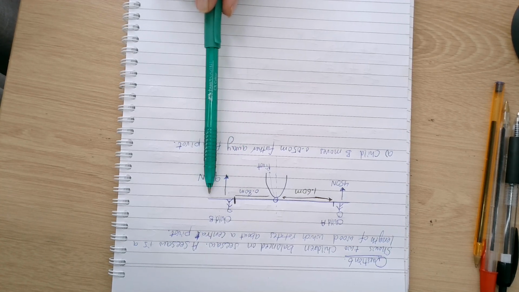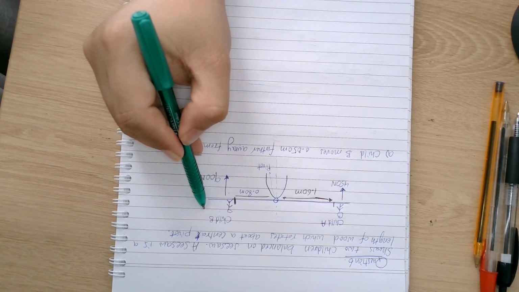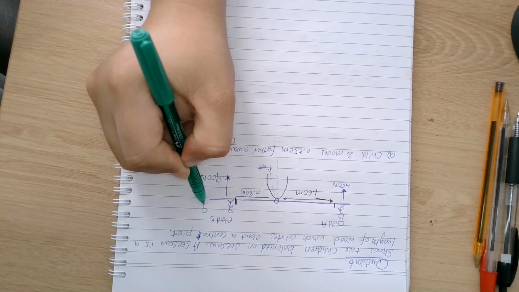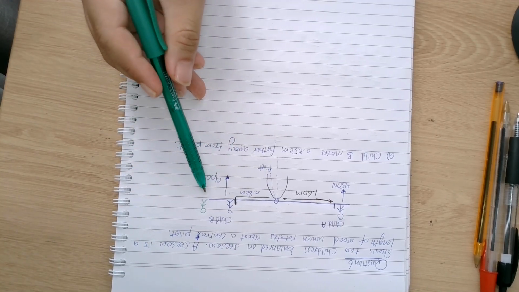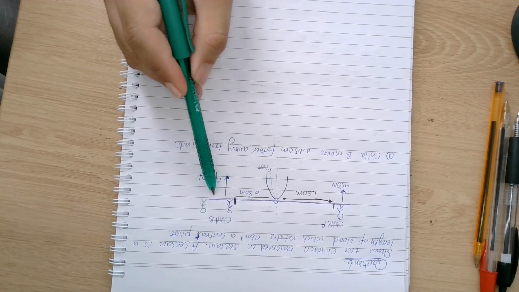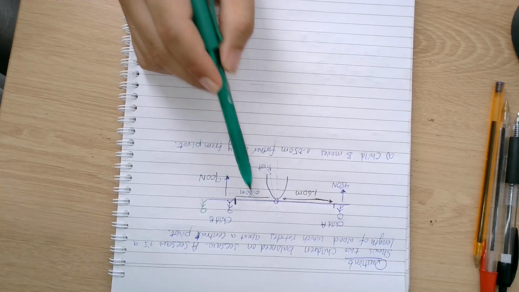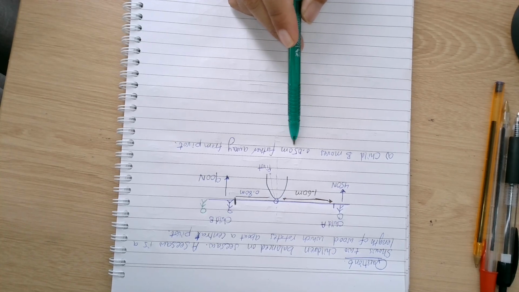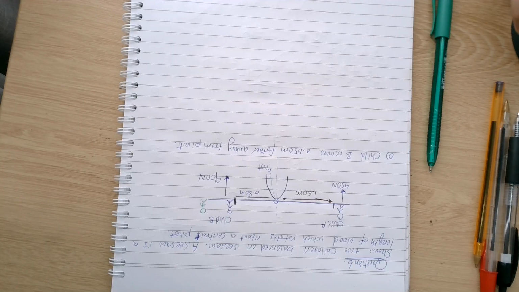If we were to imagine it, child B would move here. Same circumstances, same sort of force applying to the wood, but it would move a little bit farther from the pivot, 0.05 meter away.